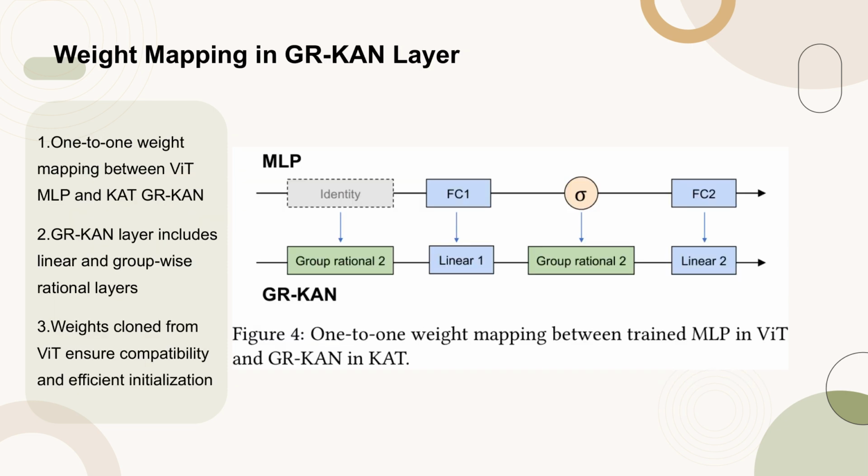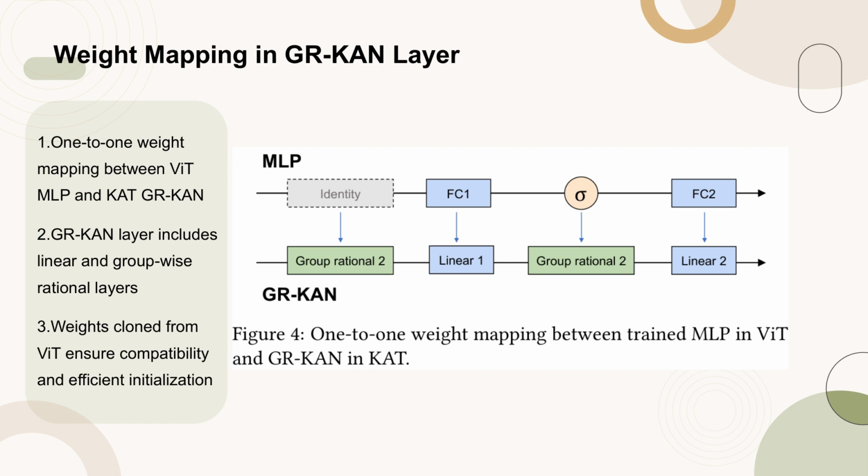Figure 4 illustrates the one-to-one weight mapping strategy between the trained multilayer perceptron, MLP, in the Vision Transformer, ViT, and the group-wise rational KAN, GRKAN, layer in the KAT model. The GRKAN layer is composed of a linear layer and a group-wise rational layer. This structure allows for the direct transfer of weights from the linear layer of the MLP in the pre-trained ViT to the GRKAN layer in KAT.